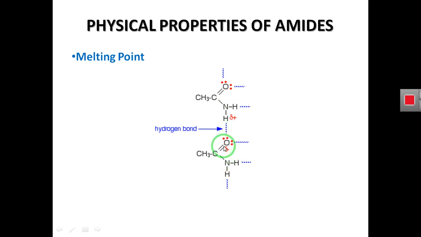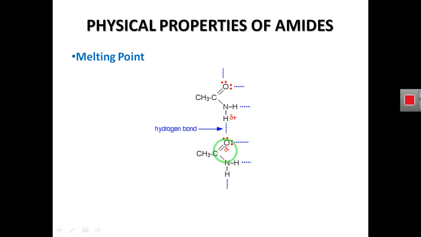So do you know what a hydrogen bond is? A hydrogen bond is the bond that forms between the hydrogen atom and the lone pair of a nearby oxygen atom. We can see that the amide molecule has a hydrogen atom in its structure, and it also has the oxygen atom that has a lone pair of electrons. So one hydrogen atom of one amide molecule would make a hydrogen bond with the lone pair of the oxygen atom of the nearby amide molecule.